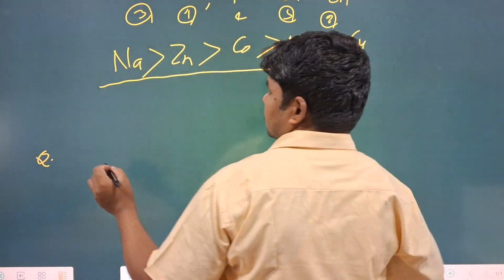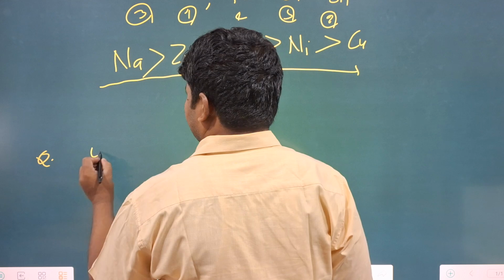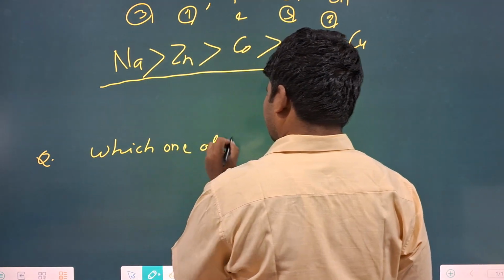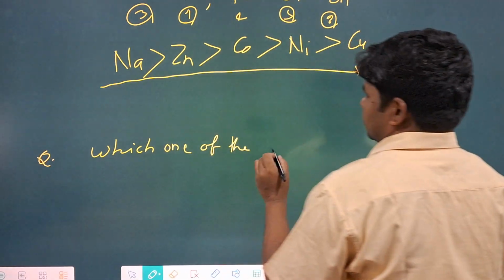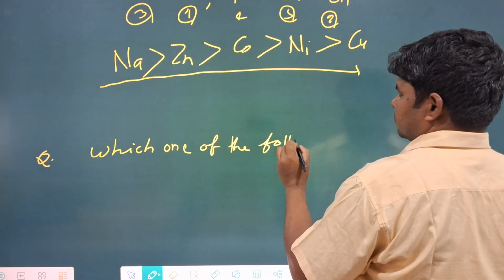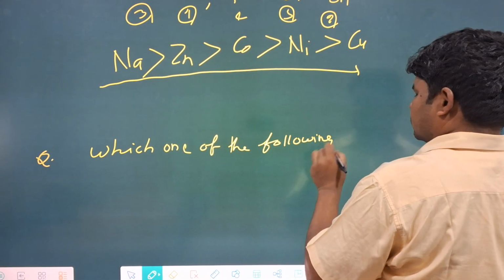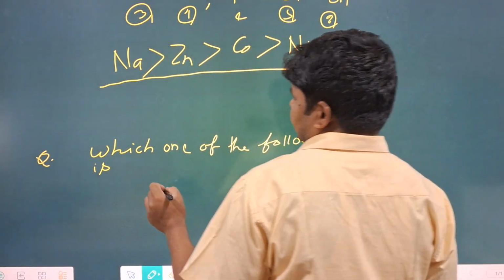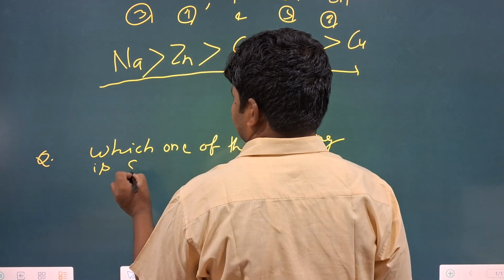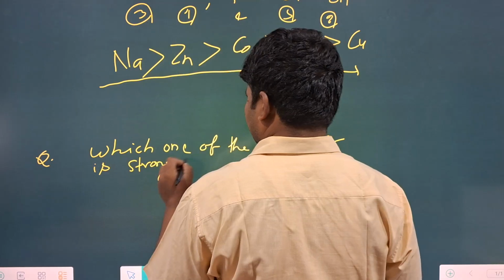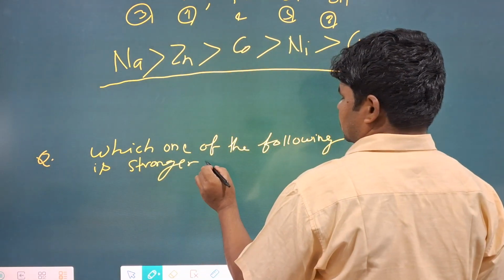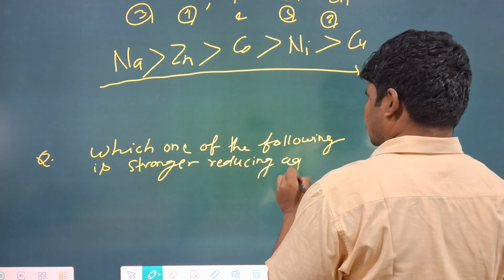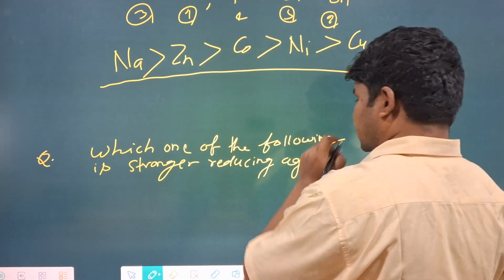MCQ: which one of the following is the stronger reducing agent?